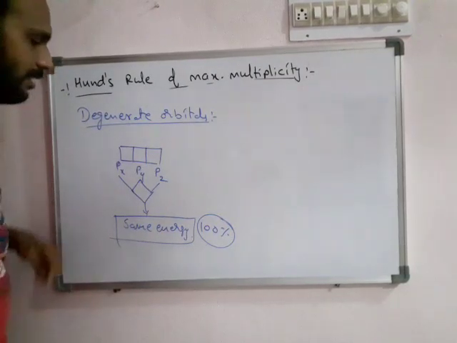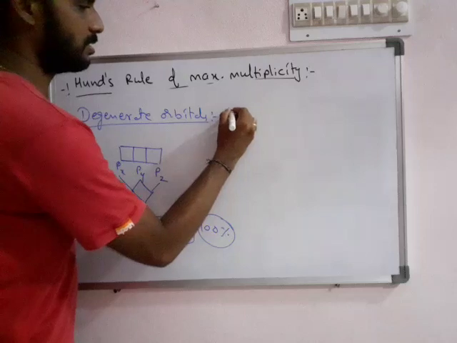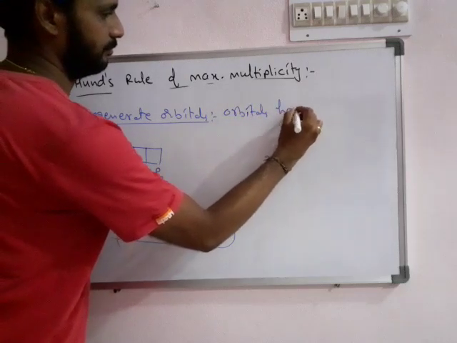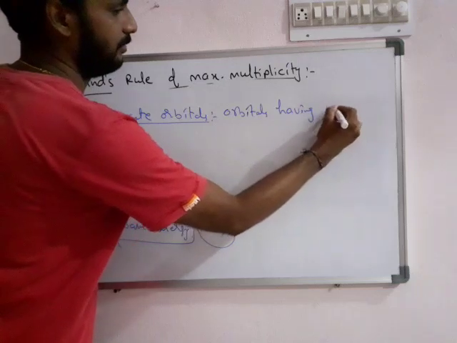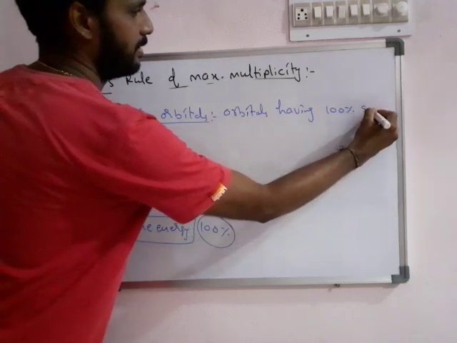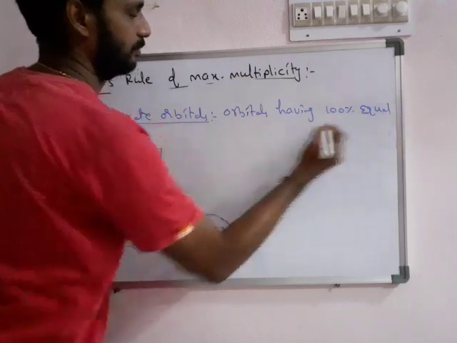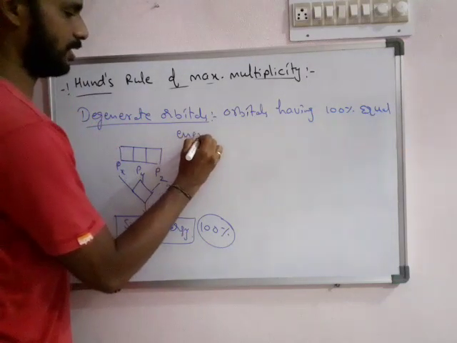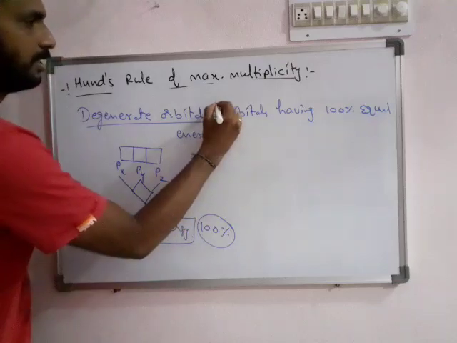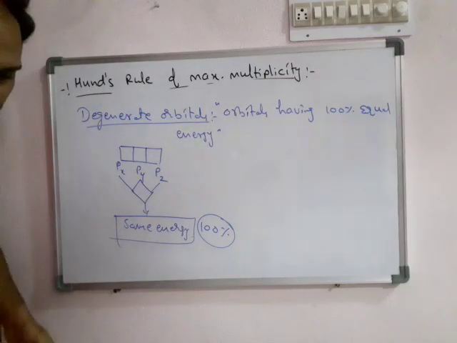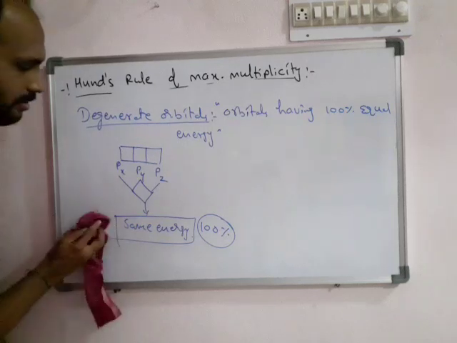Now we can write: the orbitals having 100% equal energy are called degenerate orbitals.